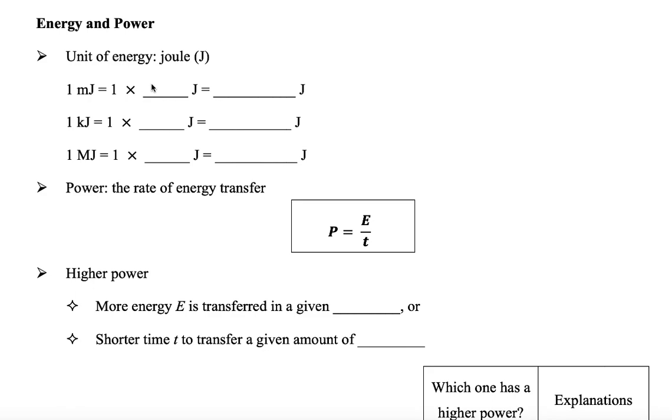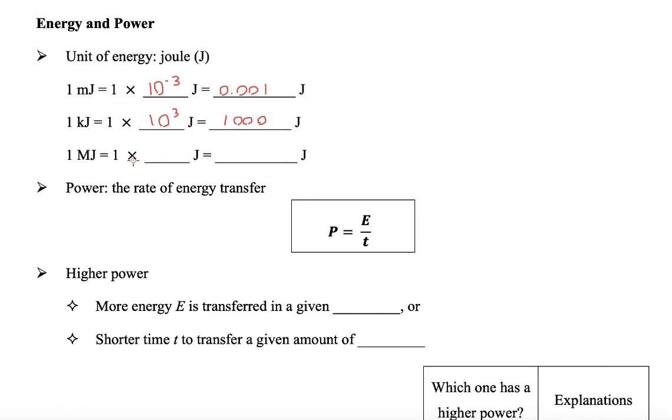The first one would be millijoule, which is 1 times 10 to the power of -3 joule, which means that it's a smaller energy unit compared with just joule. 1 millijoule represents 0.001 joule. And the second one would be kilojoule, 1 kJ, which is 1 times 10 to the power of 3 joule, which is 1000 joule.